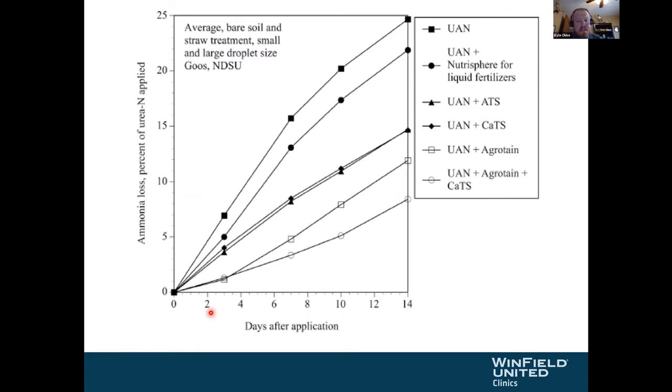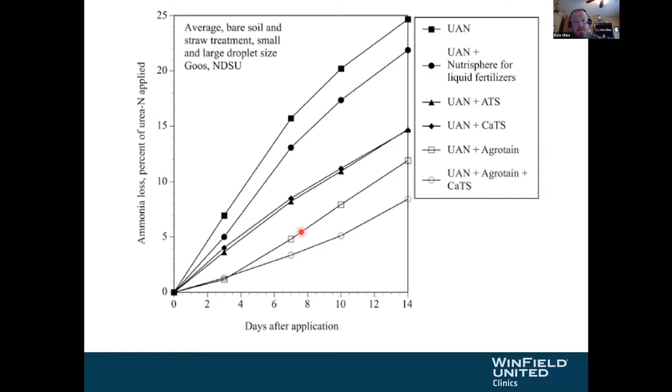Here's just an idea on that. What you're seeing on this graph is ammonia loss and then days after application. You have your original point of application and you have just 28% UAN, so you get to see your baseline, your volatility as time goes. If you're adding something like Agrotain, now you're starting to see great reductions in volatility over time.